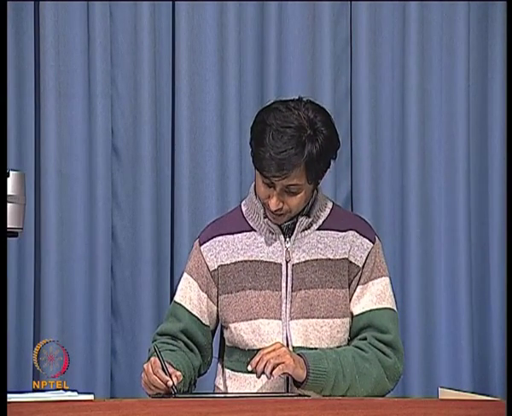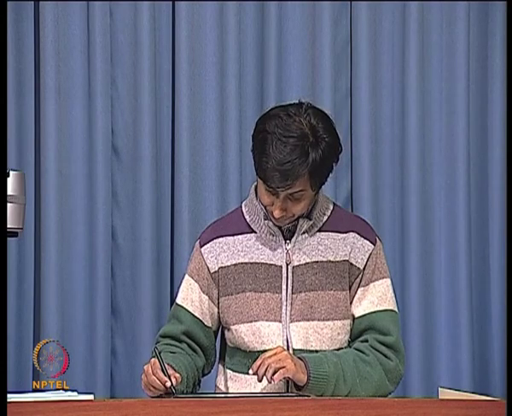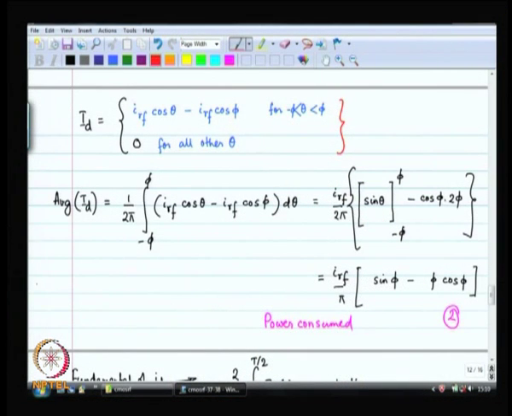What is the average current when the conduction angle is pi by 4? When the conduction angle is pi by 4, the average current is I RF by pi times sine pi by 4, which is 1 by root 2. So, 0.7 minus phi, which is again pi by 4, something like 0.8, times 0.7.